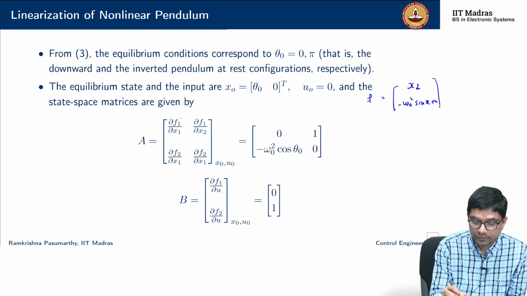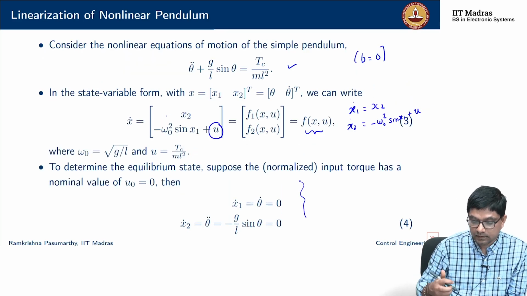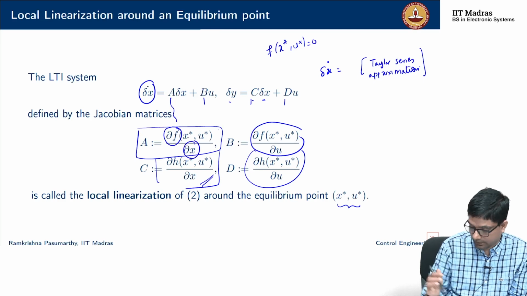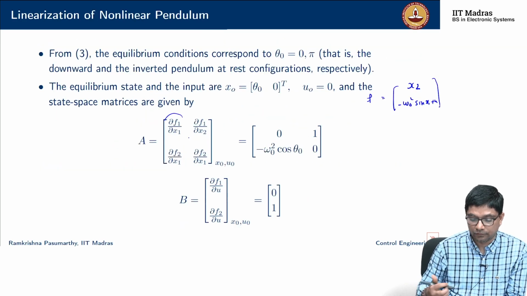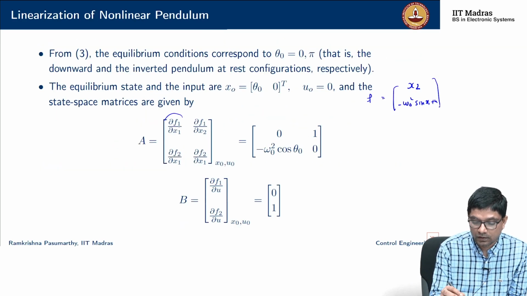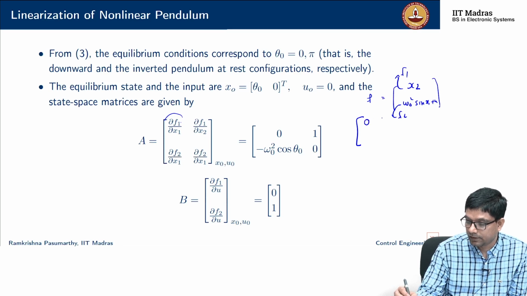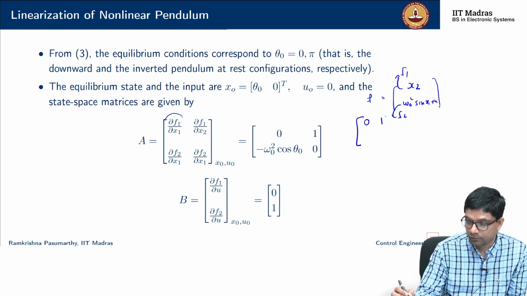So what will this be? A is the Jacobian, the partial of f with respect to x. So I have f in variables x1 and x2. I will have df1 by dx1. The first term is f1, second term is f2. df1 by dx1 will be 0, df1 by dx2 will be 1.